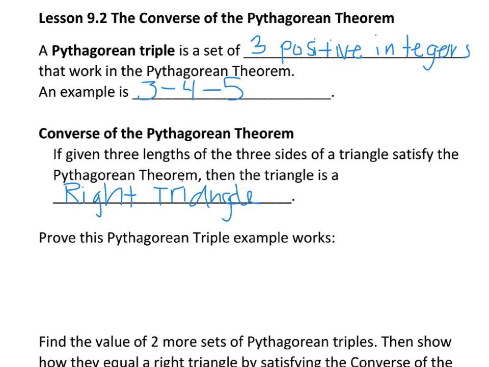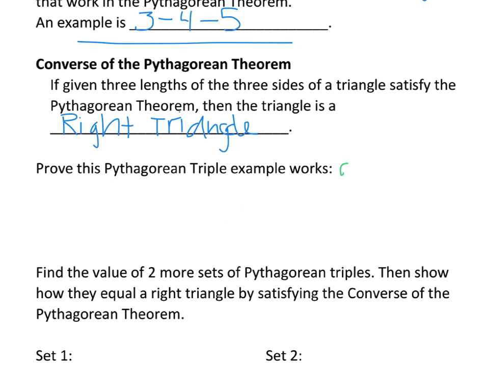So we will use the converse of the Pythagorean theorem to prove that the Pythagorean triple example that they gave us right here works. We remember that the Pythagorean theorem is a squared plus b squared equals c squared. So we plug in those three numbers.